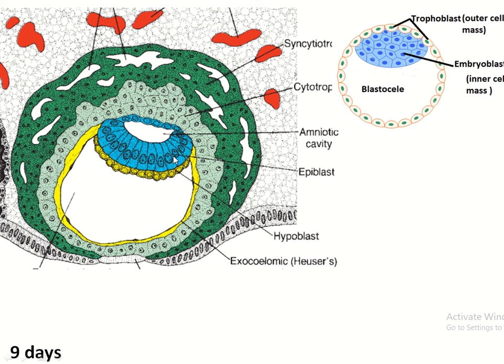The embryoblast is now converted into two types of cell, epiblast and hypoblast, and this portion is from the fetus. The trophoblast is converted into cytotrophoblast and syncytiotrophoblast, and this portion forms the supporting structure of the fetus.